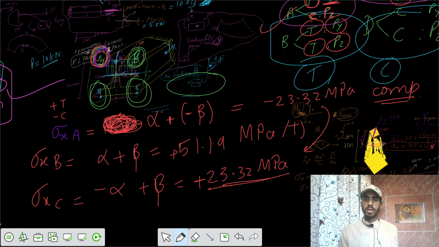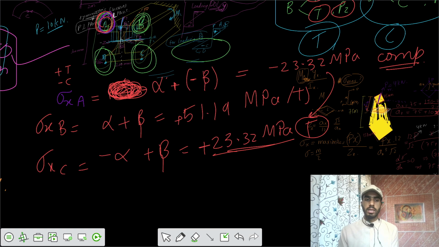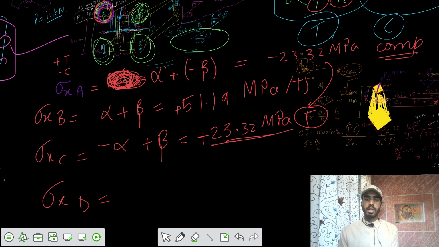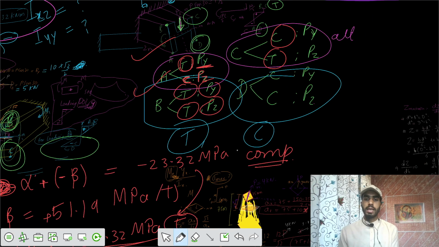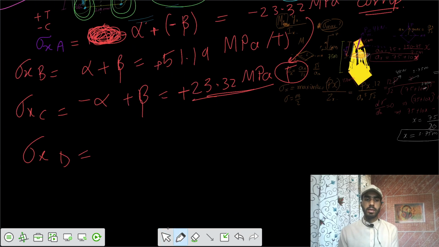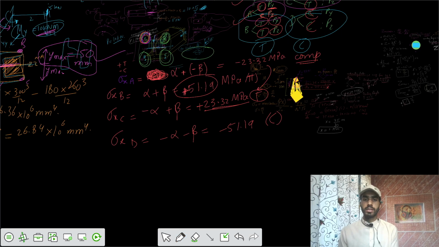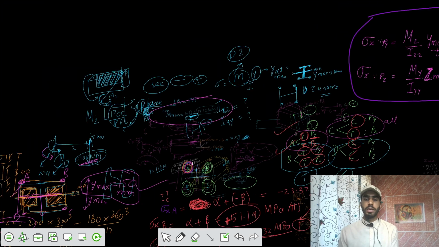Finally, sigma x at corner D, both are compressive, so minus alpha minus beta, giving minus 51.19. That's the same as the stress at B; that one was tensile, and this is compressive. So finally you got the stresses at the different corners of the beam.